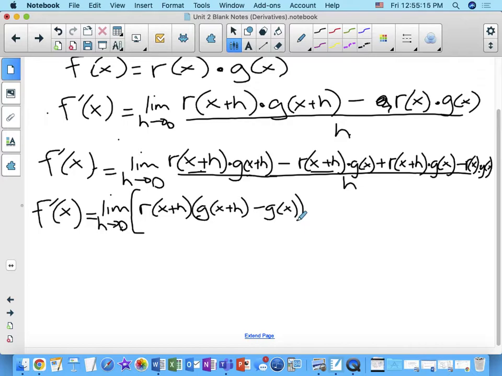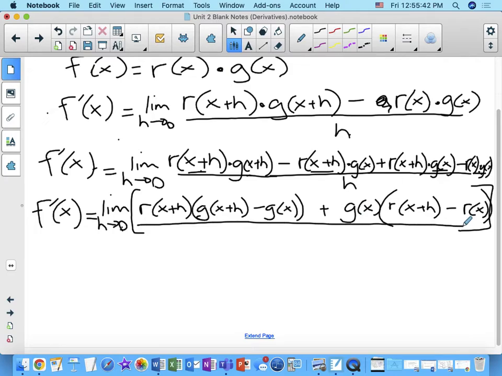Now in these two terms, my common factor is g of x. So I'm going to factor that out. Okay? Plus g of x times, now what's left from here is r of x plus h minus r of x, all over h.